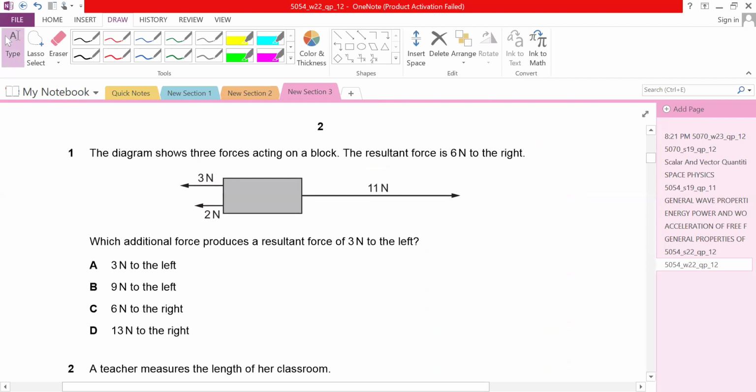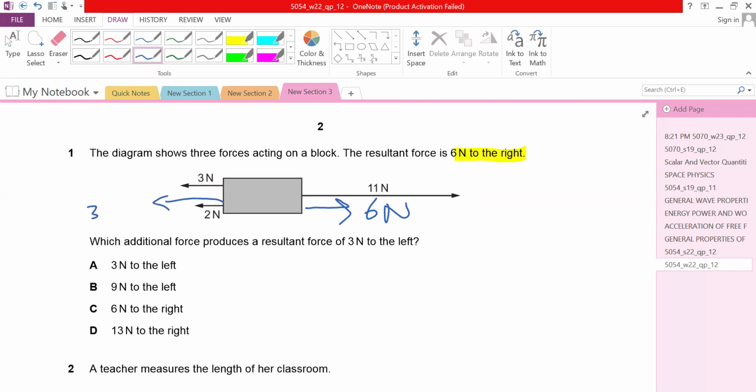Question number 1, the diagram shows three forces acting on a block. The resultant force is 6 newtons to the right. Which additional force produces a resultant force of 3 newtons to the left?